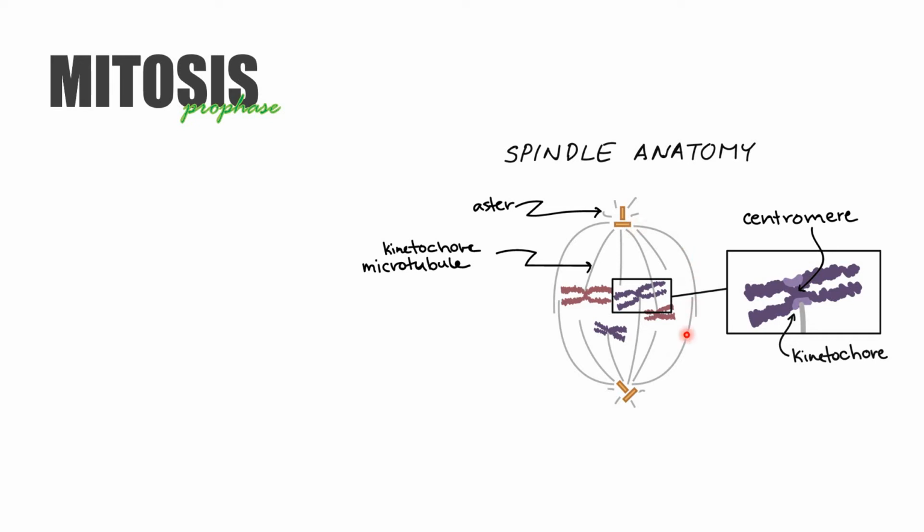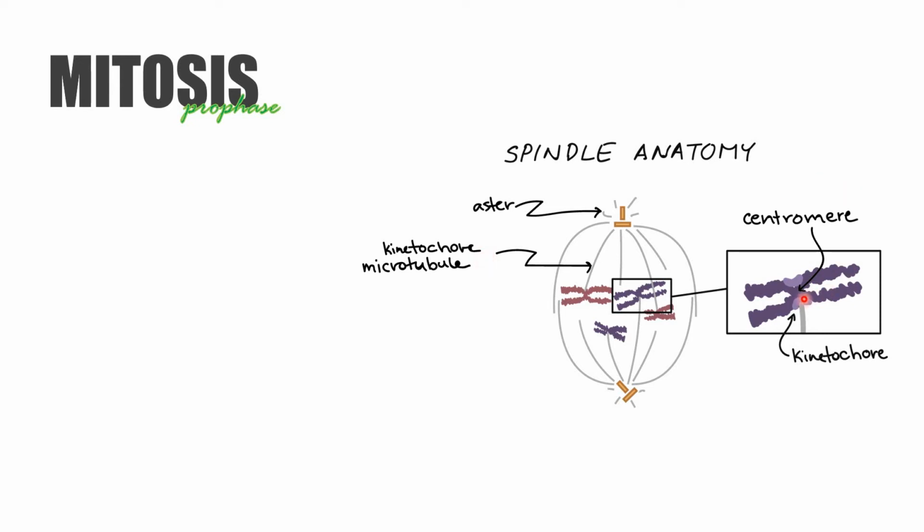If that spindle fiber or that microtubule is attached to the centromere, here, attached to the centromere, or near the centromere to the kinetochore, you call that microtubule as a kinetochore microtubule.